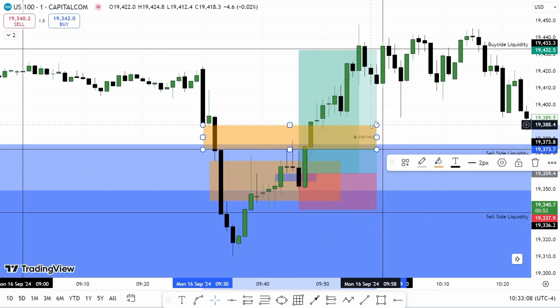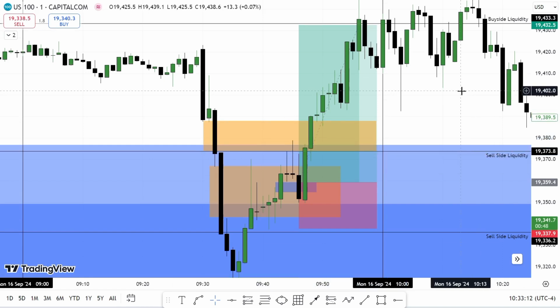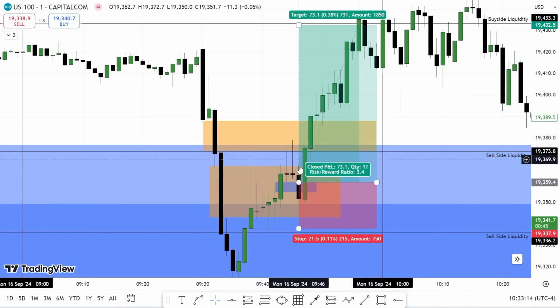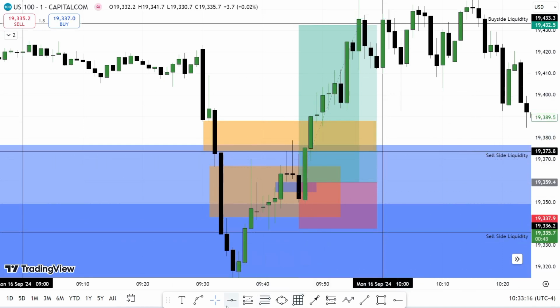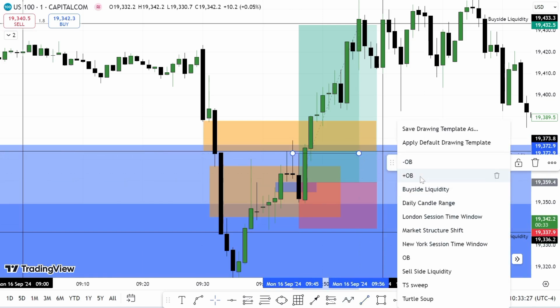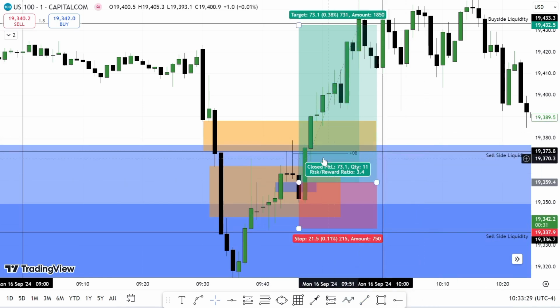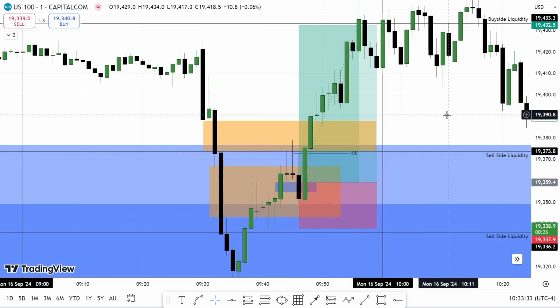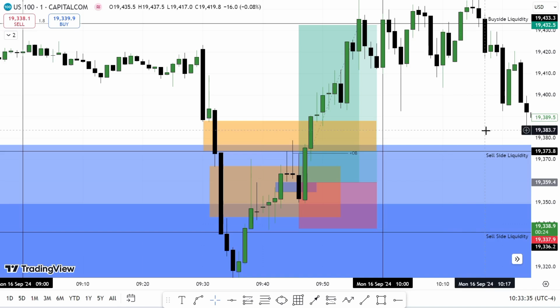I took another entry here, and also right at this point, because it has broken out of this, there is an order block here. That's a bullish order block. So that would have been another entry, and your stop loss would have still been below that. So that's how I executed for today.